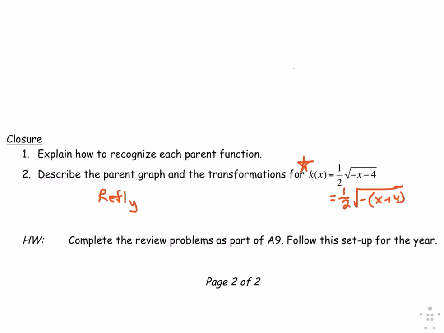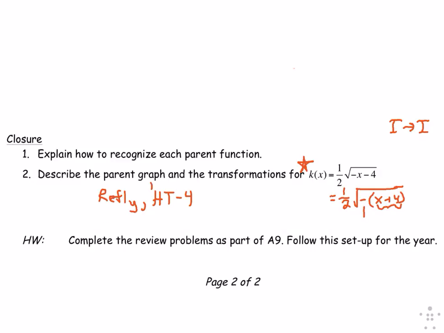So now we could see that it's x plus 4. And the rule is inner invert. So if we see plus 4, then really the h value, this is a horizontal translation to the left by 4. And then we could say, yes, then we're negating the x. That's a reflection over the y-axis.